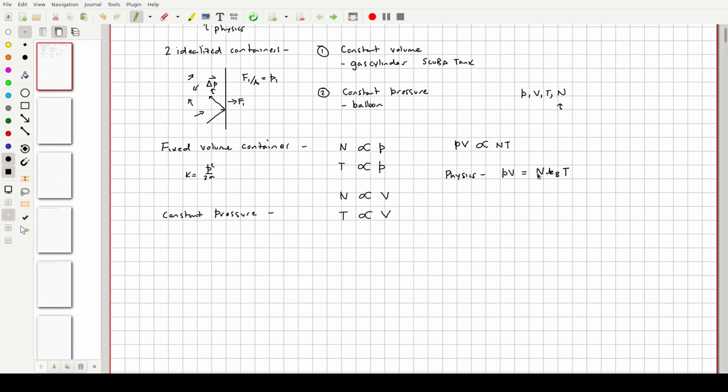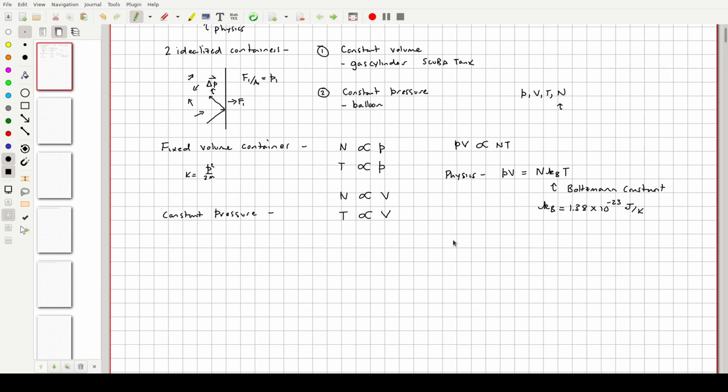PV is equal to N times k sub B times T. This is called Boltzmann's constant, and it has a value of 1.38 times 10 to the minus 23rd joules per Kelvin.